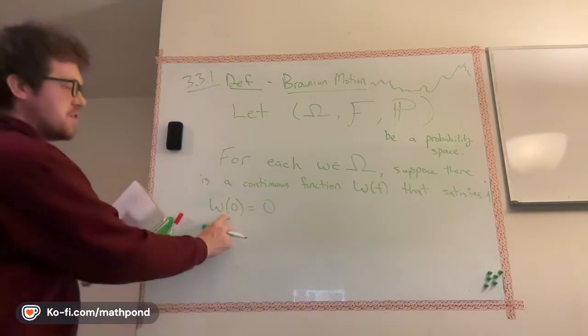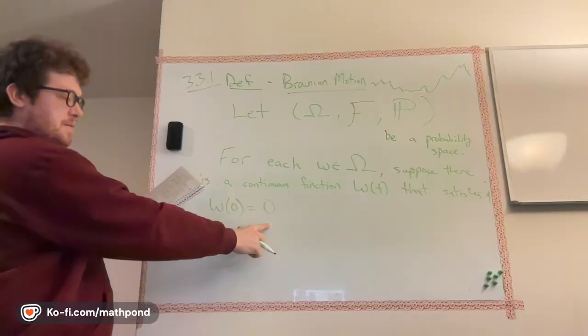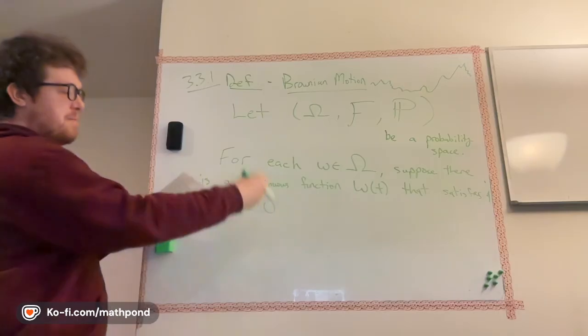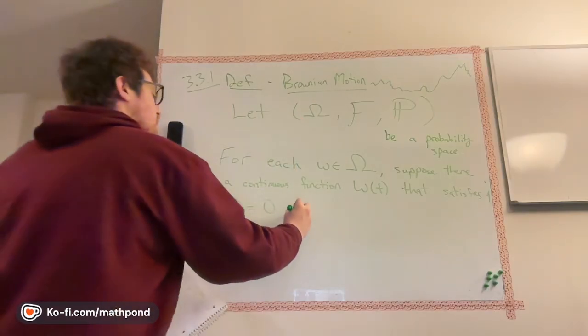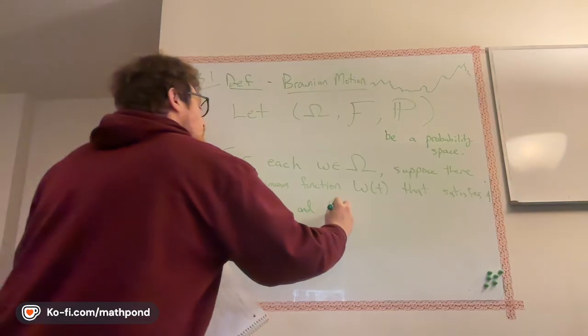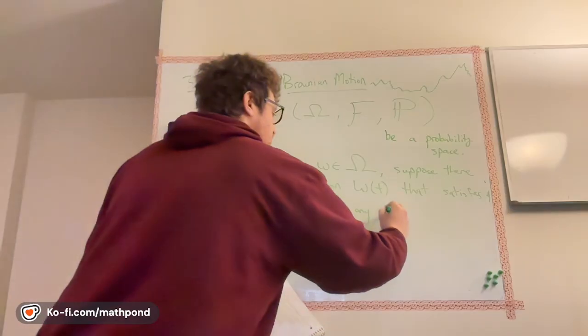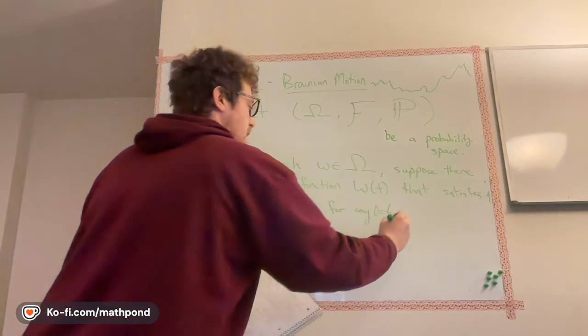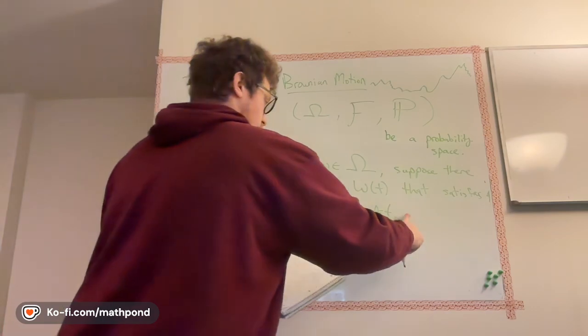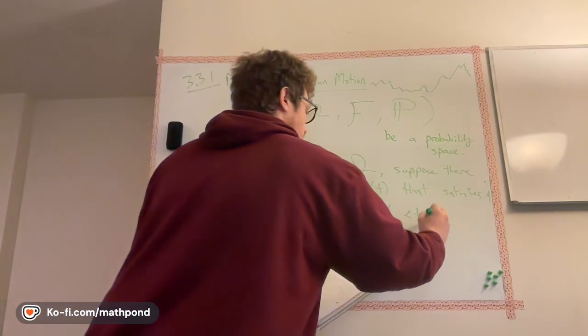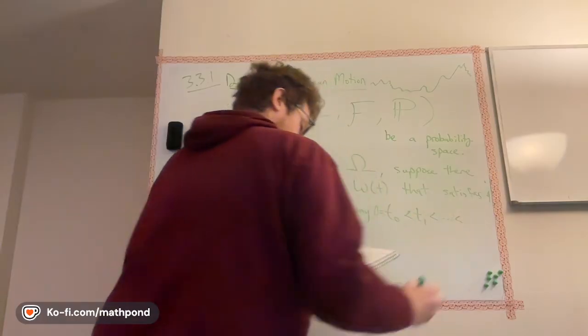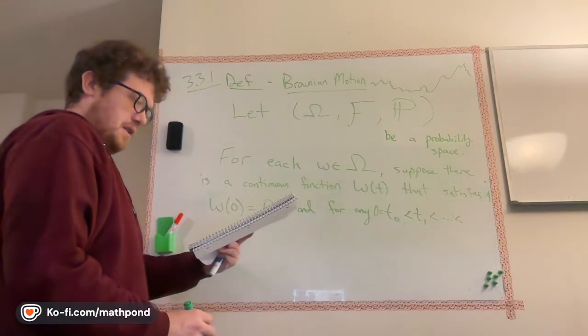So yeah, w starts at 0. W of 0 is 0. And for w of t, if I pick any sequence of time intervals, so I start out at t0, which is 0, and I go to t1, so on, all the way up to tm.